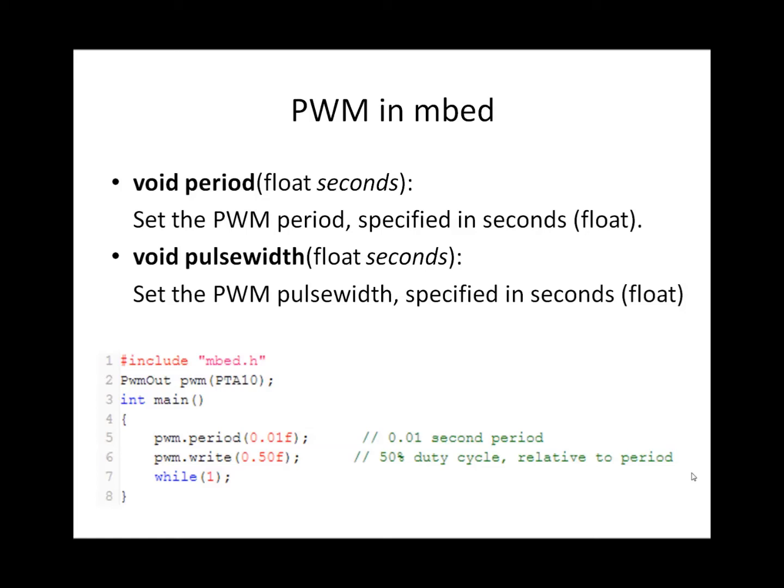Hardware support, right? That's why it's super accurate. But can we do it in software? You can, of course. So here I can set the pulse width period and assign 0.01 period, and then duty cycle 50-50 and while 1. That's it. Super easy, right?